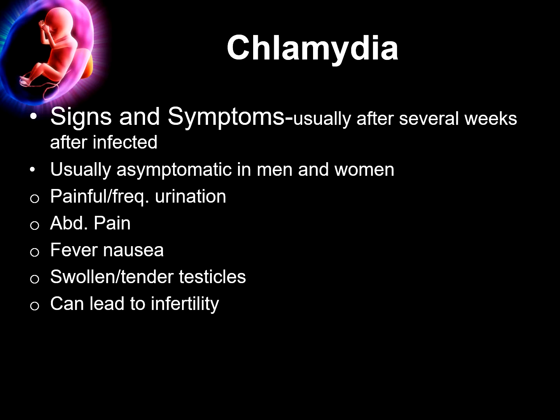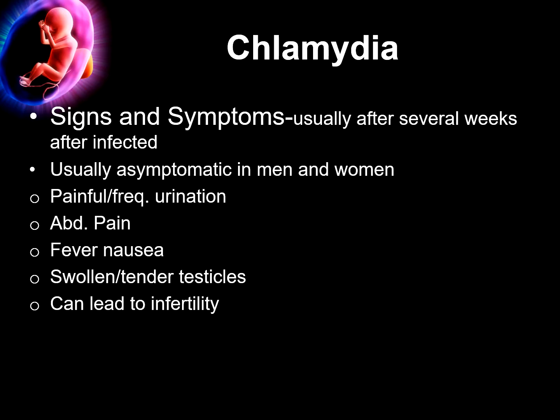Chlamydia. This is the most common sexually transmitted disease according to the CDC, and the problem with chlamydia is that it is usually asymptomatic. Patients usually can have a yellowish discharge, but it doesn't cause alarm. So it can be considered asymptomatic in men and women.